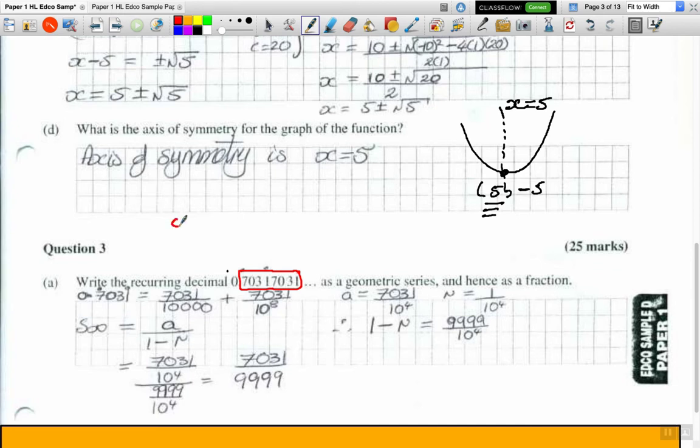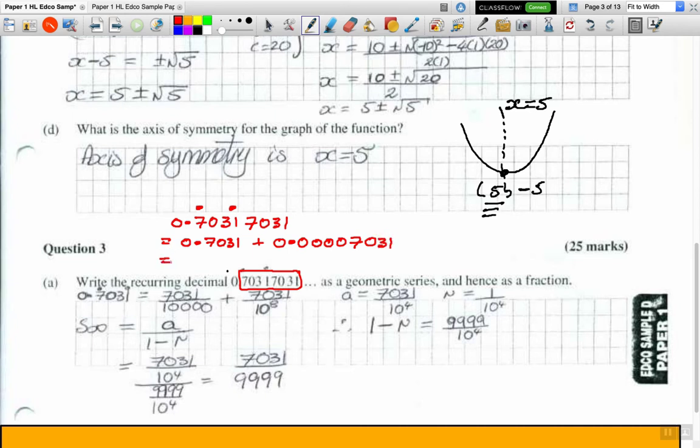So we've got 0.7031 as a recurring decimal, because the digits 7031 recur across the cycle, which means we can now write that as 0.7031 plus 0.0000 7031. We've lost 1, 2, 3, 4 digits in the repeating cycle, and then it's repeated again, 7031.